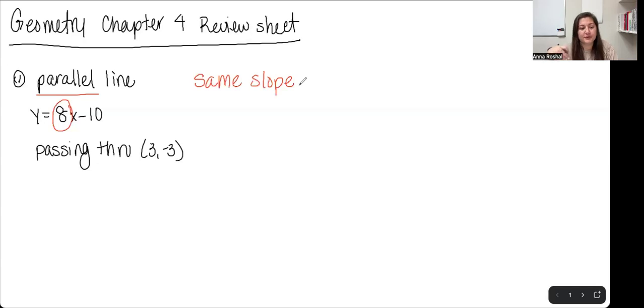Now, if you've ever been tutored by me before, most of the time I have students who tell me, oh, it's really hard for me to find the new y-intercept and this and that. One of my favorite ways to write an equation of a line is using point slope form. The reason why I like point slope form so much is because it's the most basic, and all you have to do is fill things in that you're given.